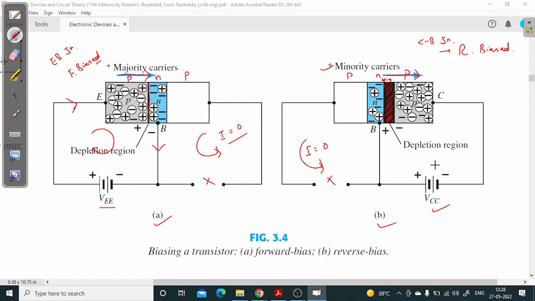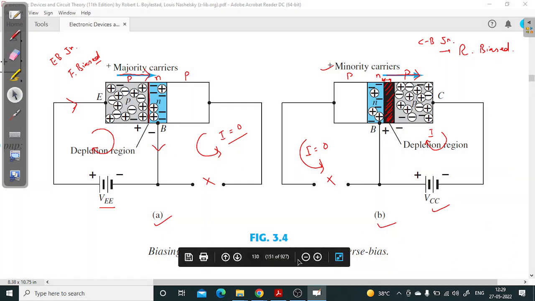We are aware of these facts. So in one figure, the base emitter junction is forward biased and a big current flows. In the second figure, the collector base junction is reverse biased and hence a very small current flows. So this is nothing new that we have shown here. We have just used our previous knowledge about diodes.